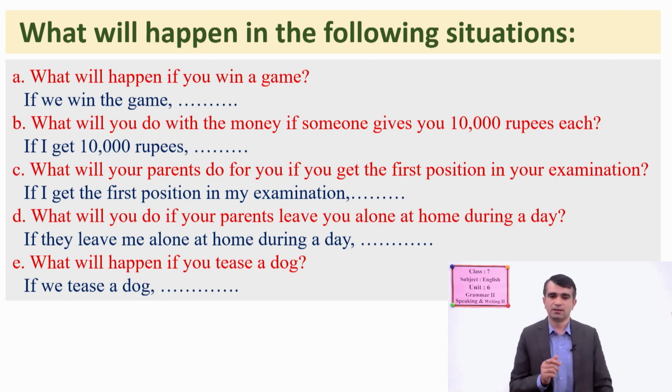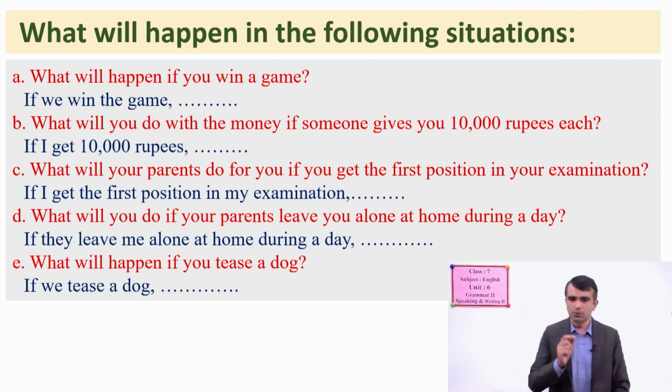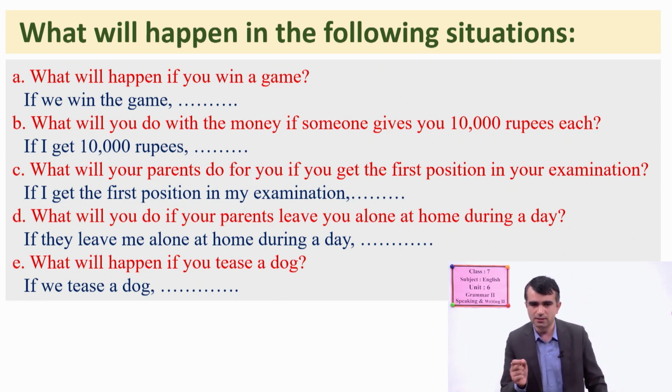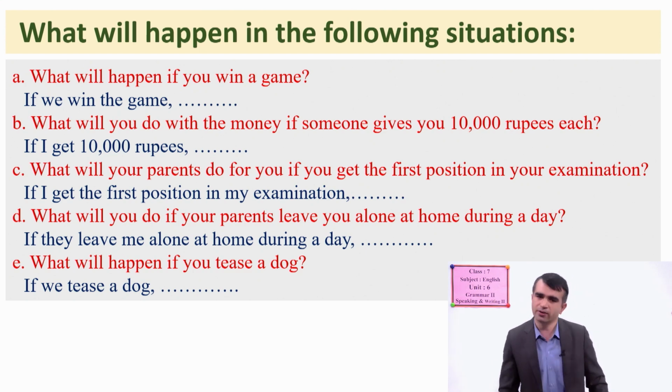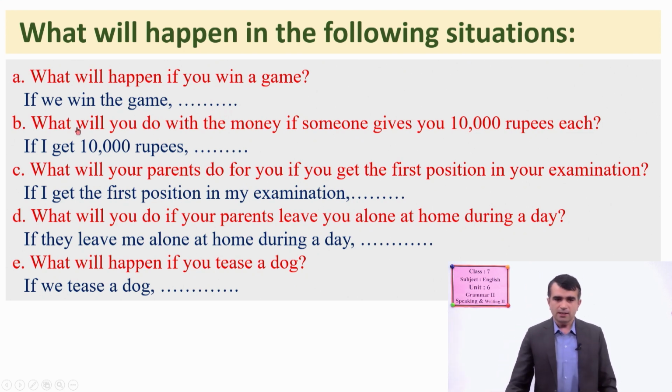Good. We will get some prize. If we win the game, our teachers will be happy. Okay, you can use any, but use it in simple future, or will plus infinitive. Okay. Now, next one, number B.